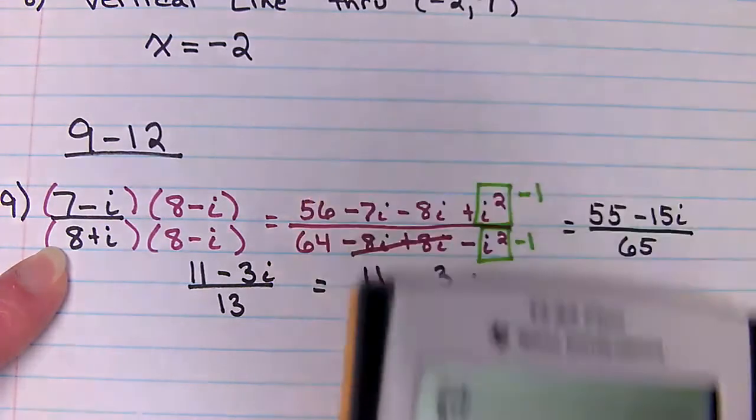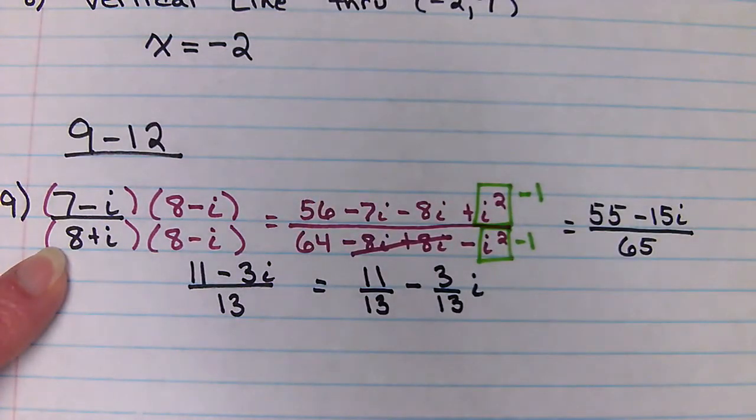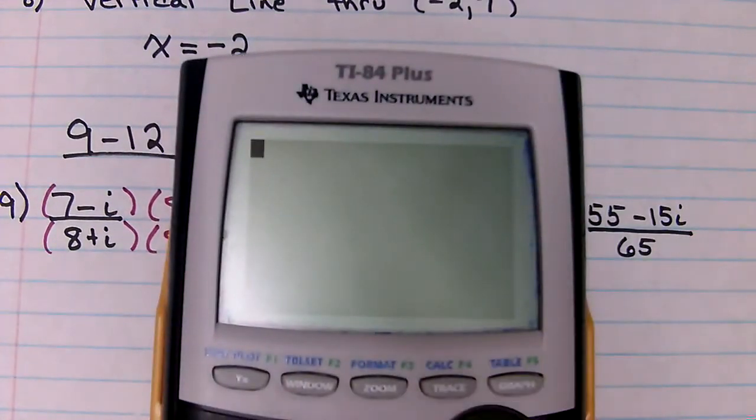Oh, hold on. I forgot. It doesn't like it to be in a fraction. I'm so sorry for that. I would have to do 7 minus i divided by, it actually wants to look like a division problem, 8 plus i.